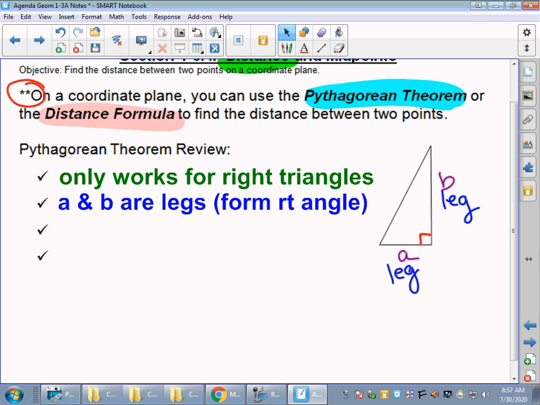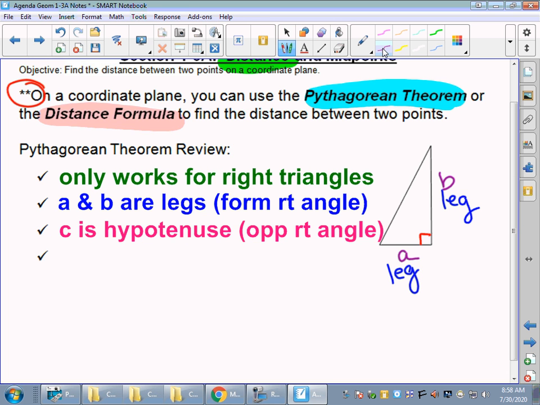And the other important part, the third side of that triangle, you may remember, is the hypotenuse. It is straight across, or opposite, from the right angle. So this would be C. Notice that the right angle kind of points at the hypotenuse.